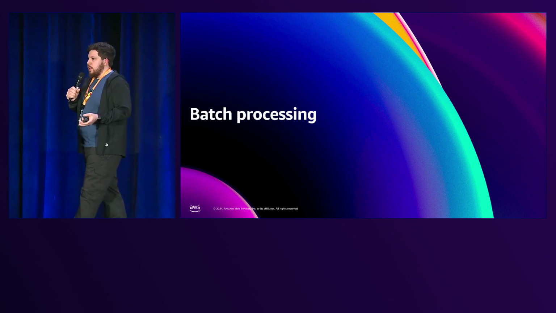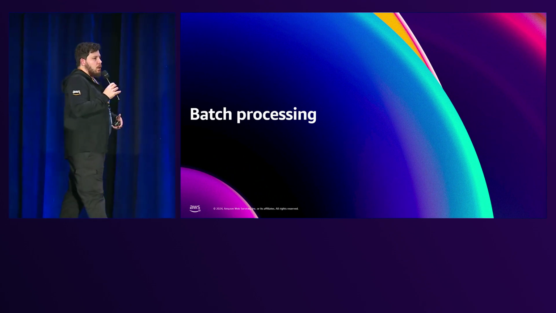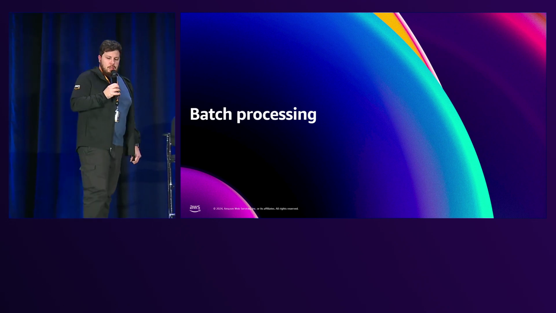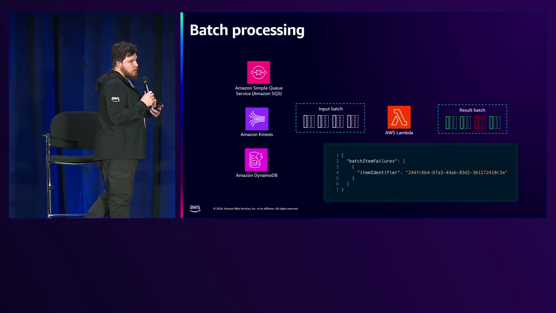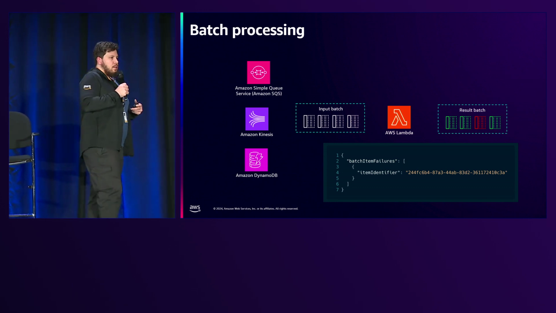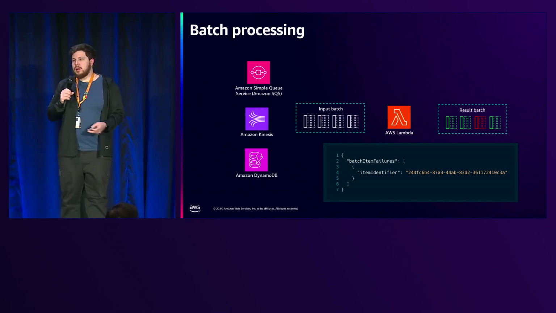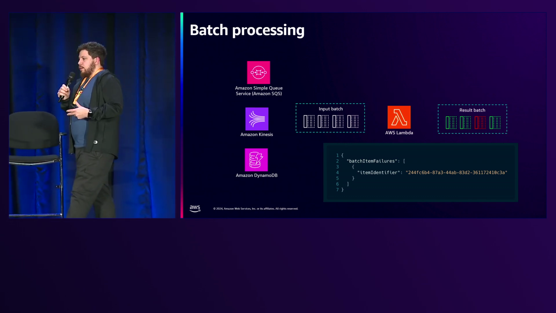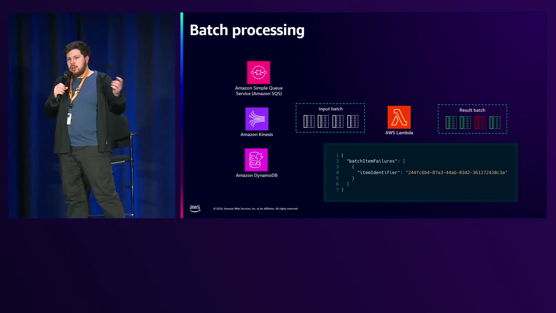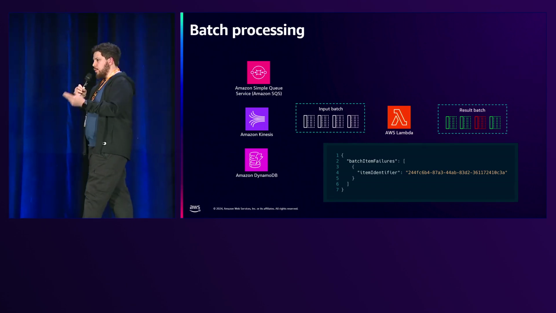Let's move now into the last topic of the presentation, batch processing. Now, if your function is being triggered by something like an SQS queue, a Kinesis stream, or a DynamoDB stream, you will know that the function is called with a payload that is essentially a list of different objects.